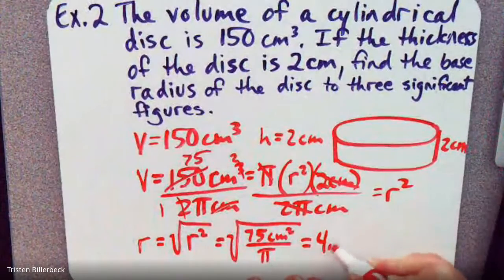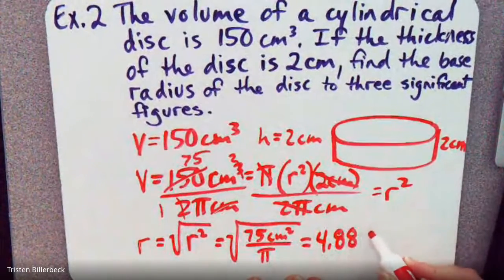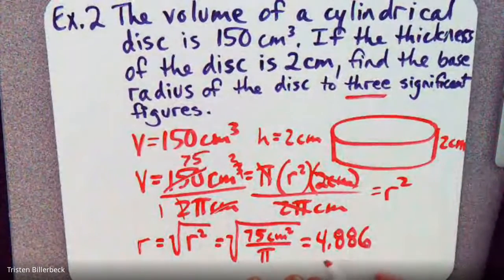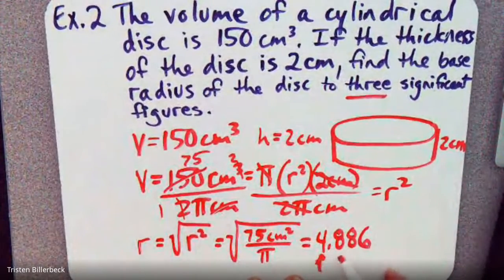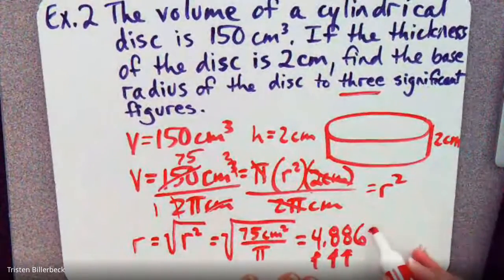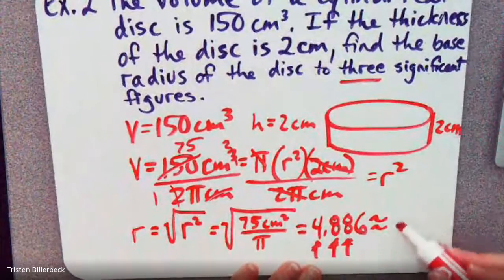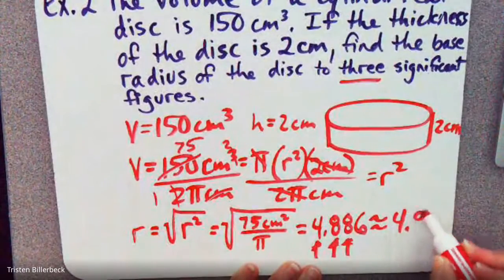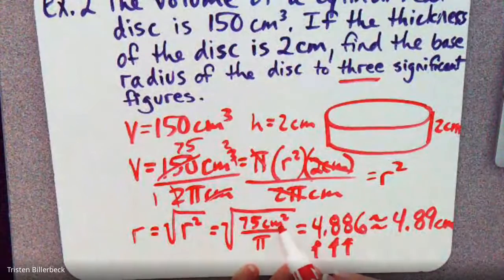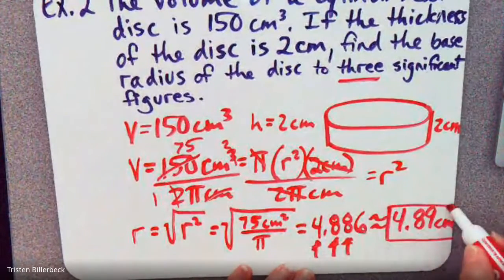That's 4.886, and it said 3 significant figures, so 1, 2, 3. That means I have to round this to 4.89 centimeters, because the square root of centimeters squared is centimeters. So that is the radius.